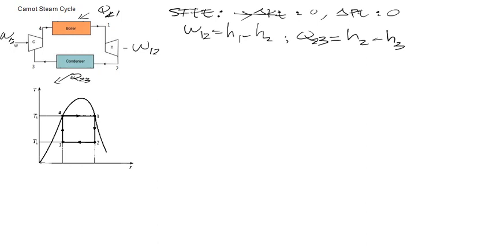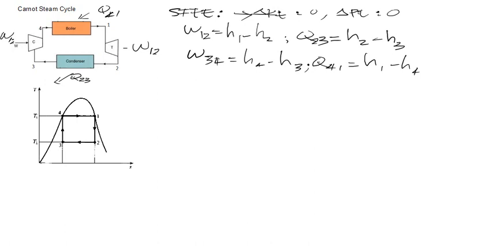Okay, and while in the Q34, the work input to the compressor, W34, we are going to have the H4 minus H3, and the last energy transfer in terms of H is the heat supply to the boiler, Q41. So this is, we are going to have the H1 minus H4.